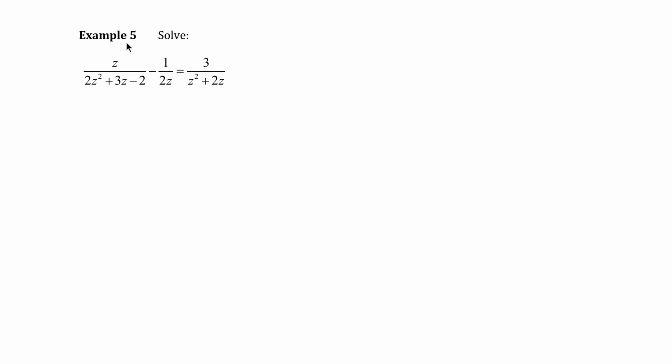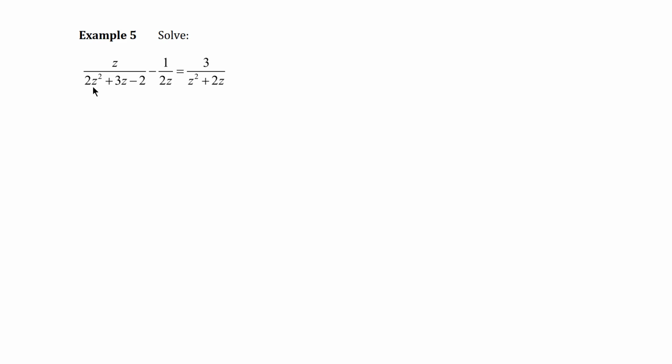Next, we have example number 5. Solve the rational equation z over 2z squared plus 3z minus 2 minus 1 over 2z equals 3 over z squared plus 2z. First, we need to factor the denominators completely.